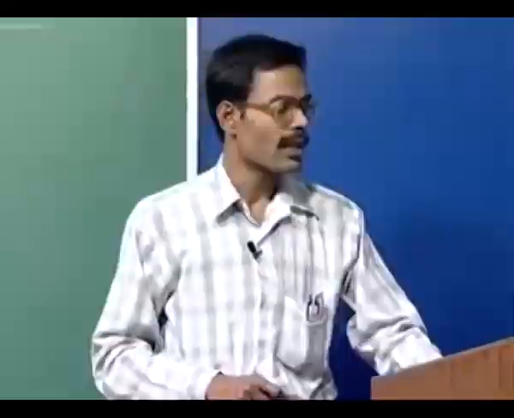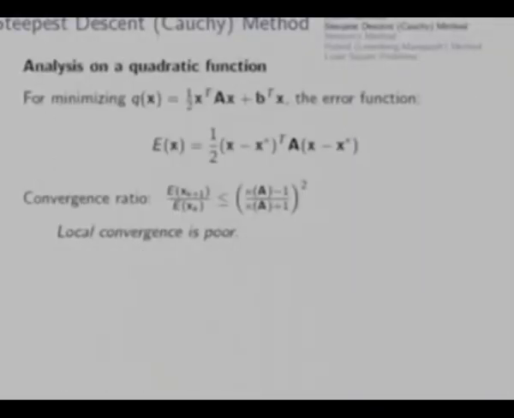The reason for that can be analyzed if you consider the benchmark problem of minimizing a quadratic function like this. Now, minimizing this function and this error function is actually equivalent, because if x star is the minimum point of this function, then it is the minimum point of this function also, and the difference between these two functions is actually a constant.